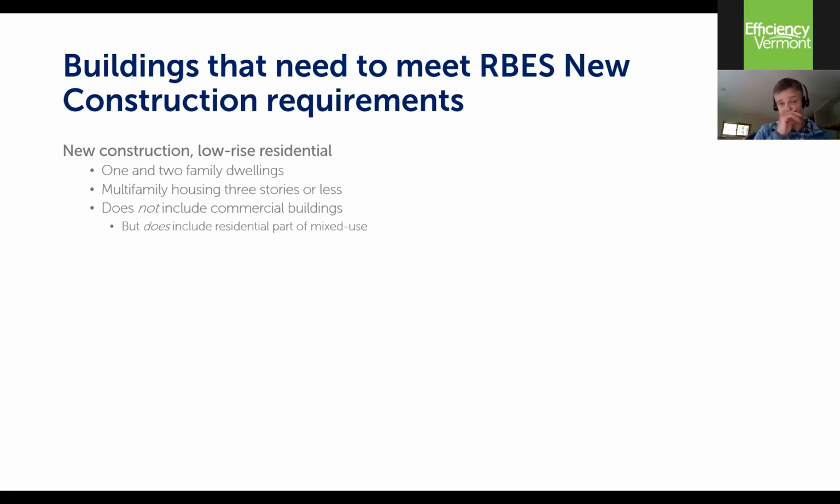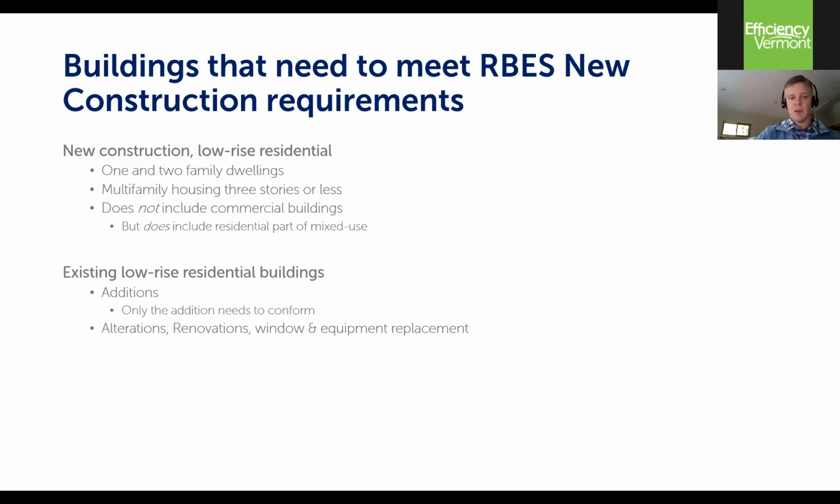It doesn't include commercial buildings, but if you have a mixed use building with commercial retail space on the ground level and residential units above, the commercial code requirements are in play for the commercial use, the retail side of things, and the residential code is in place for the residential units above. So when it comes to additions, only the addition needs to meet the code requirements for new construction.